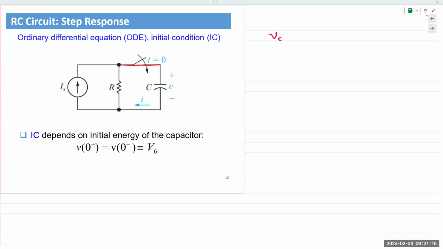VC eventually will reach a value equal to the current source times R. The final value of VC would equal IS times R. Since nothing is stated, I can say V0 is 0 volts. But even if it was not, we would still take it into account in the equation.